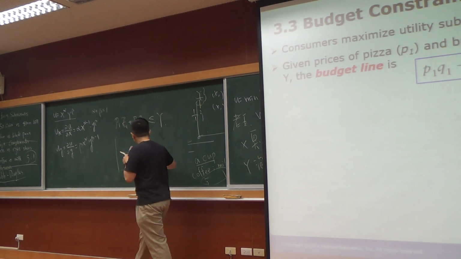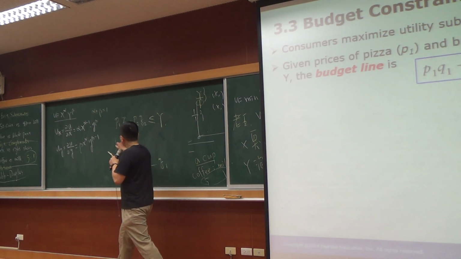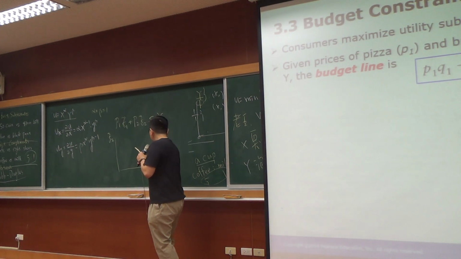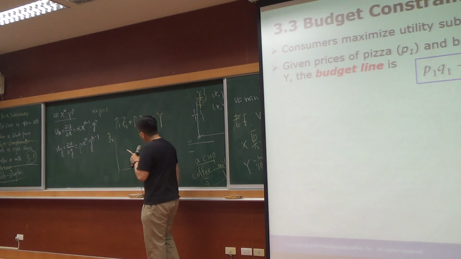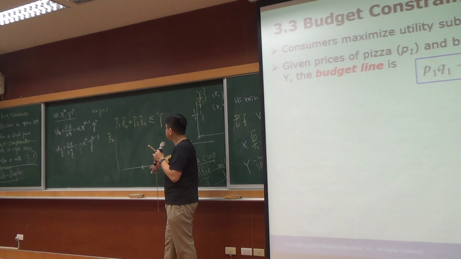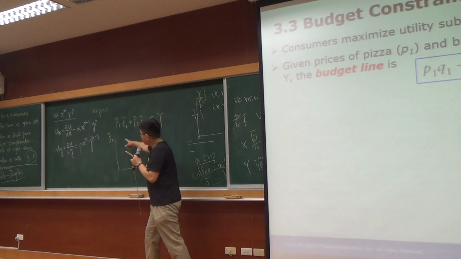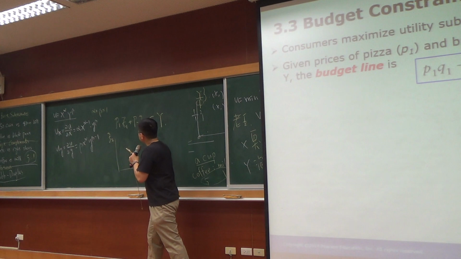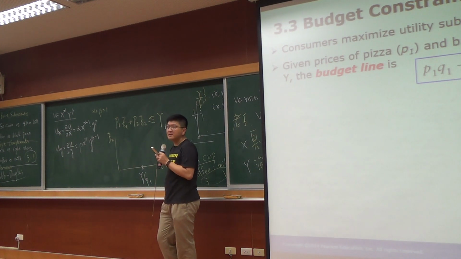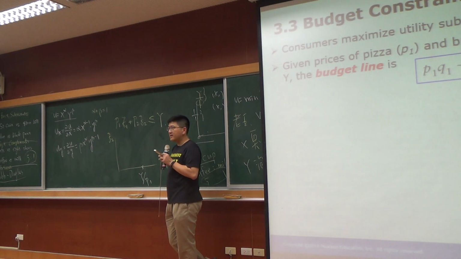So Q1, Q2, then what would be the intercept on the horizontal axis? What would be the horizontal intercept? When Q2 equals 0, then Q1 would be Y over P1. Is that right? Is that clear?